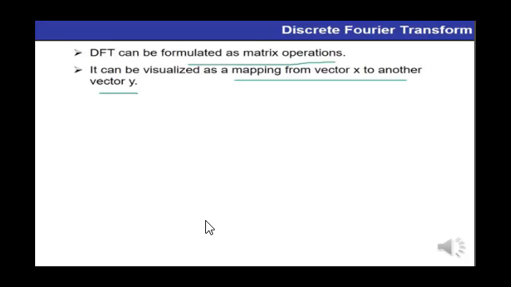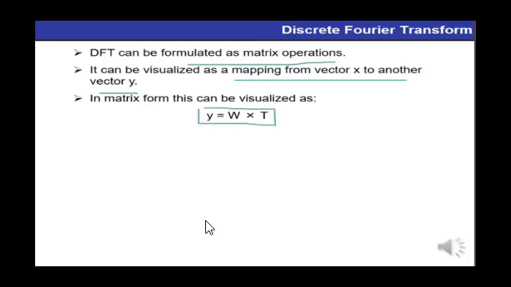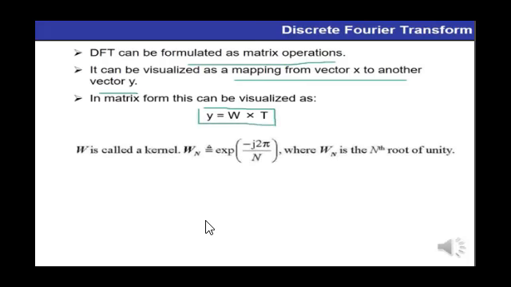DFT can be written as y is equal to W into x, where W is known as the kernel, which is equivalent to the exponential of minus j 2 pi upon n.